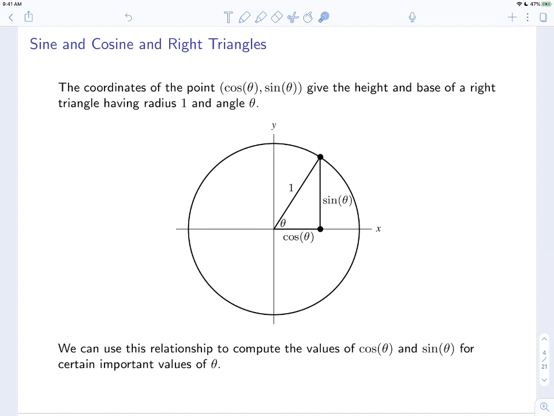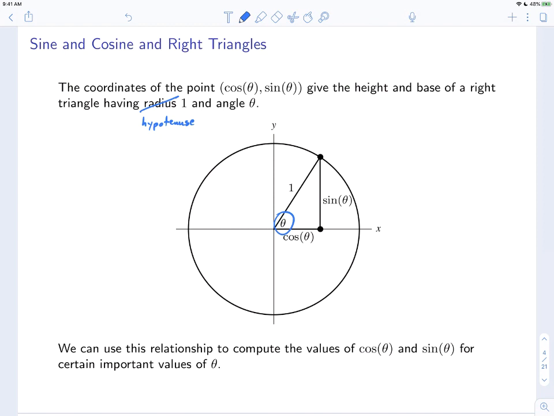The coordinates of the point, cosine theta and sine theta, give the height and base of a right triangle having, well, I say radius 1 because it's the radius of the circle, but really having hypotenuse of length 1 and having an angle theta. We can use this relationship to compute values of cosine of theta and sine of theta for certain important values of theta.